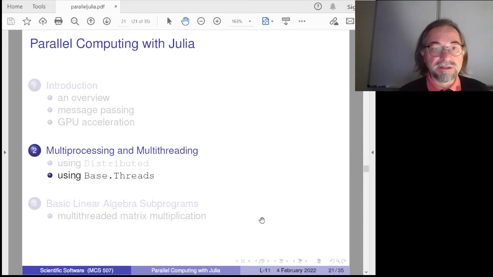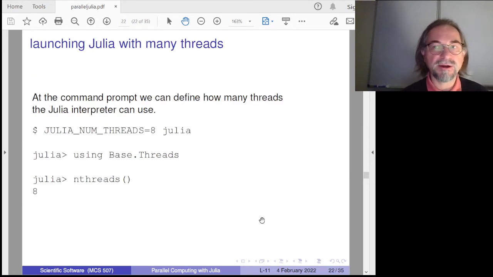Then there is multi-threading, and that might even be shorter, although short is good here. You can see that already with ideal parallel computation. We will do a little bit on MPI, and you will see that with MPI there's much more involved. Multi-threading is different from multiprocessing in the sense that every thread has access to the same memory module.